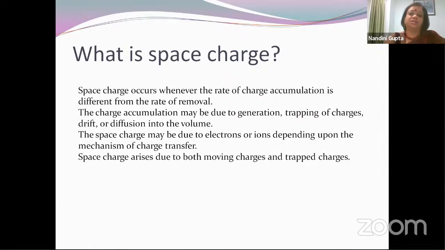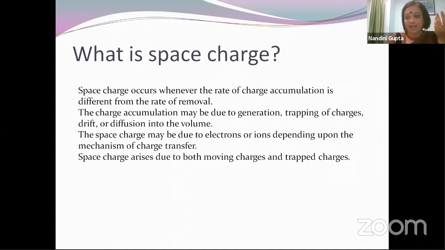Secondly, we need to consider bound charges. Bound charges are the charges within the dielectric which cause polarization. We've talked in great detail about polarization yesterday. So to give you an idea about what I mean by saying that bound charges contribute to polarization, consider the most basic kind of polarization that Dr. Patel talked about yesterday.